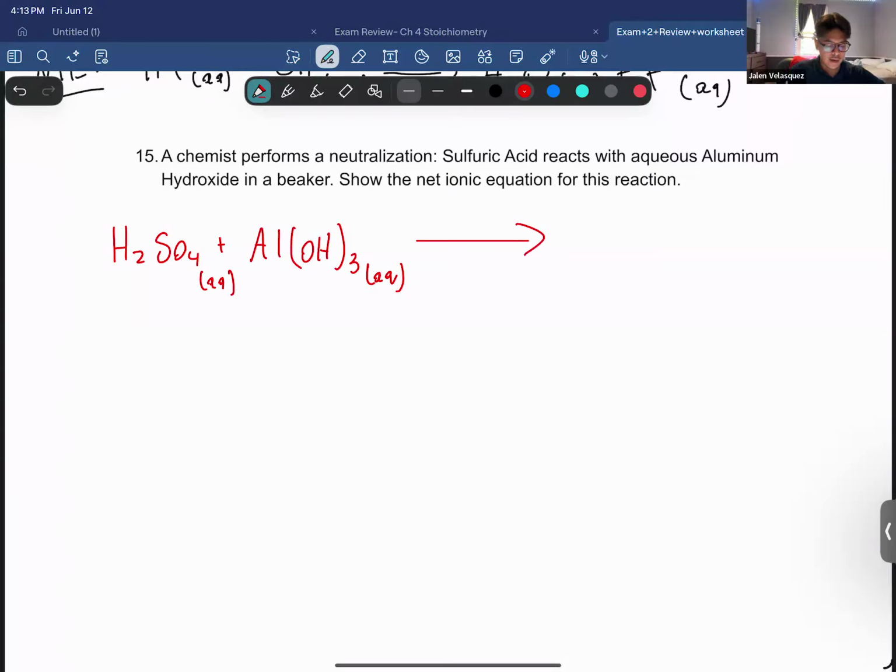So I'm going to give you the products and I'll balance it for you, and then I'll give you a few minutes to work through it.